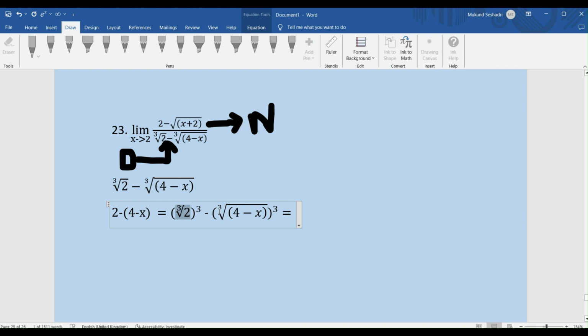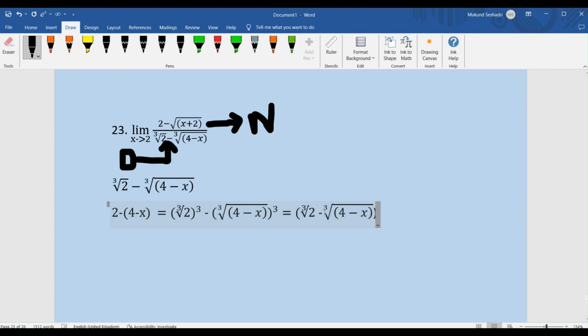I get my a, which is nothing but my cube root of 2, minus b, which is nothing but my cube root of 4 minus x, which is my a minus b, right? So what is my a here? My a is cube root of 2, my b is cube root of 4 minus x, right?